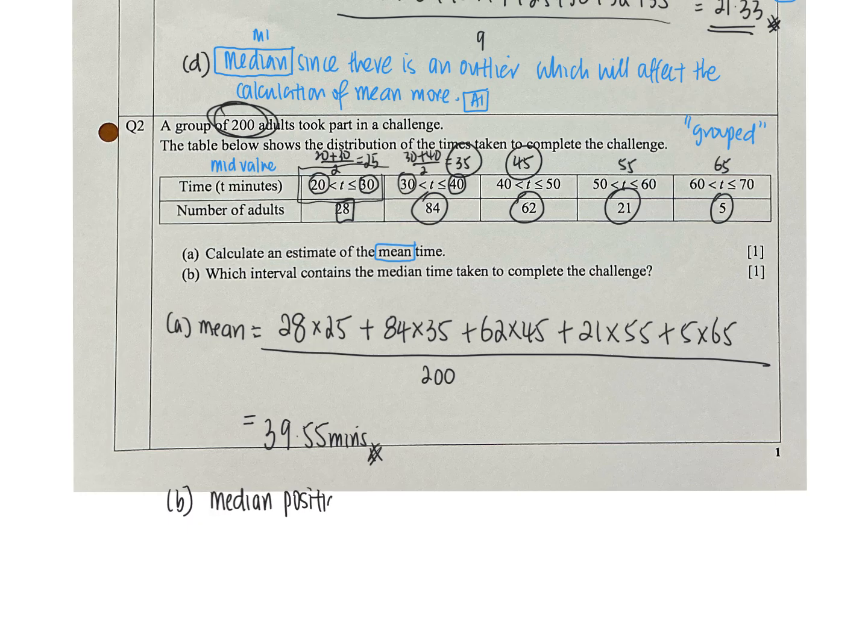If it's confusing for you, instead of writing median, you can write middle position so that you don't mix the two up. So I told you all the formula is n plus 1 divided by 2. So in order to find the middle, like 5, the middle is the third one, right? Because 5 plus 1 divided by 2. So the third one, right? So if I have 200 of them, the middle is 100.5. Meaning I'm trapped between the 100th person and the 101st person. So I got to locate where is my 100th and my 101st.